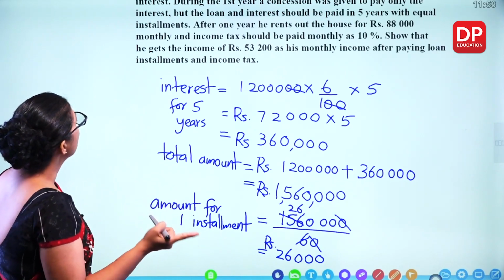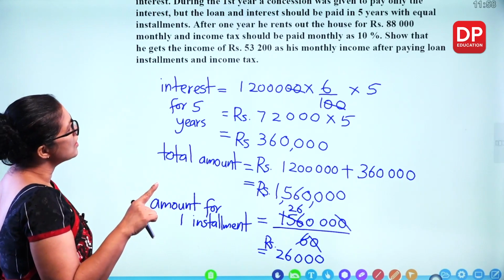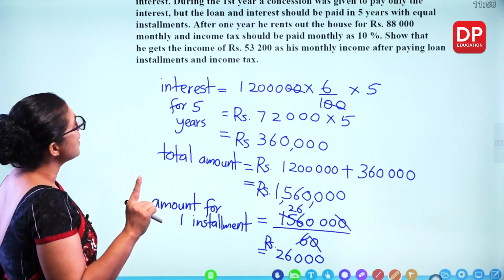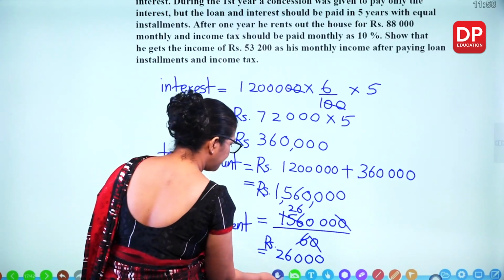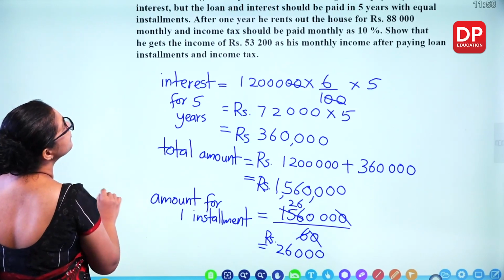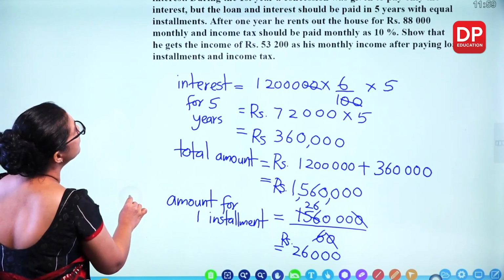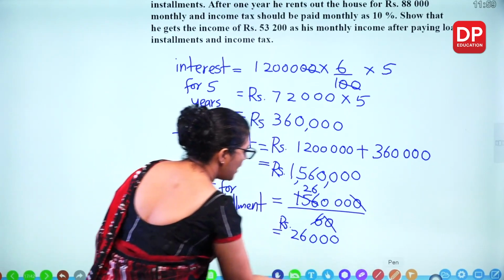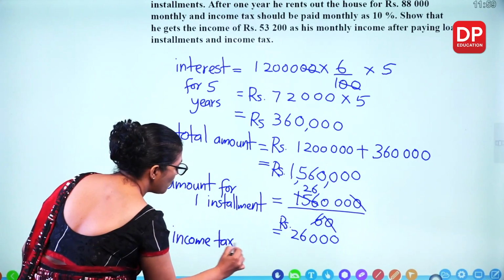And then after 1 year, he rents out the house for 88,000 monthly, and income tax should be paid monthly as 10%. So what's the income tax value? 88,000 monthly. So we can calculate the income tax he needs to pay.